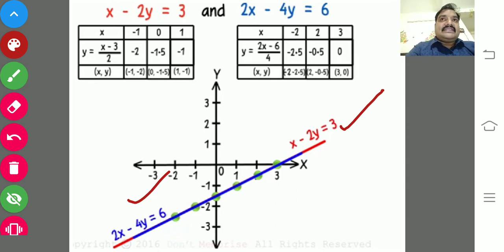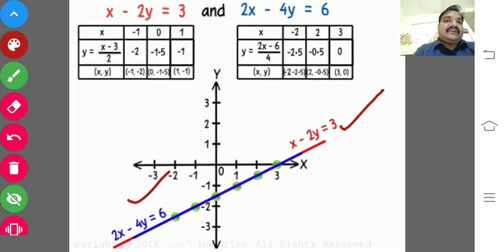What we have discussed: where the 2 lines meet, that is nothing but the solution of the linear equations, as we learnt in previous slides. Here so many points coincide, not only 6 points.